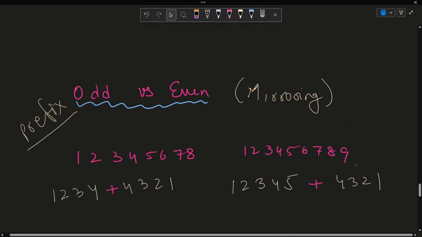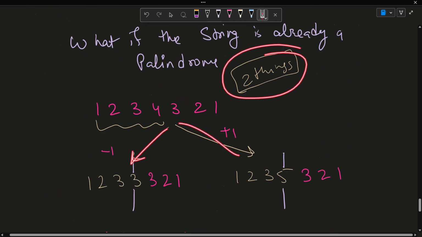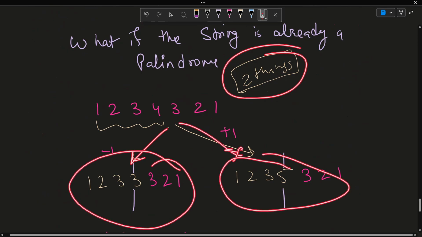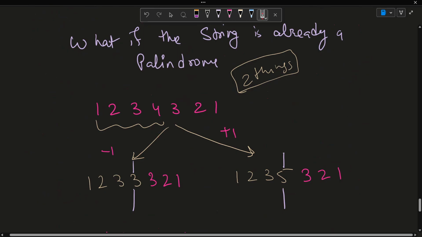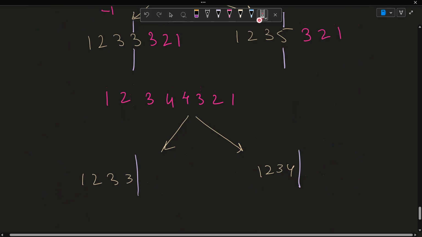But if the string is already a palindrome, I can do these two things, which is add 1 and subtract 1 to the prefix, and take the mirrored value. One of these two could be a possible solution to my problem. But case 2 is, let's say this is of even length: I could subtract 1, I can add 1, and I just mirror all these values because the length is even.